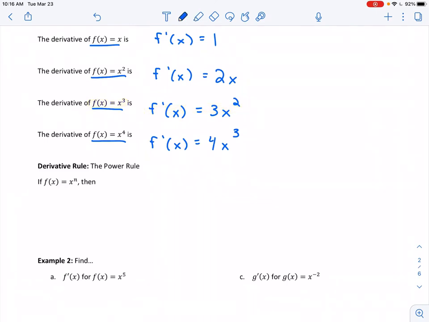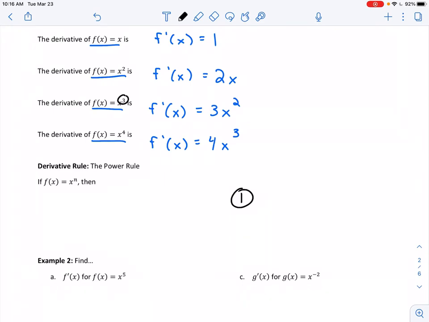So at this point, you've made your guess, I'm sure. The two things that we're doing, and really we're following a two-step process every time. What are we doing with this power? If I look at, say, f of x equals x to the third, I think this is where the pattern starts to become a little bit more apparent.